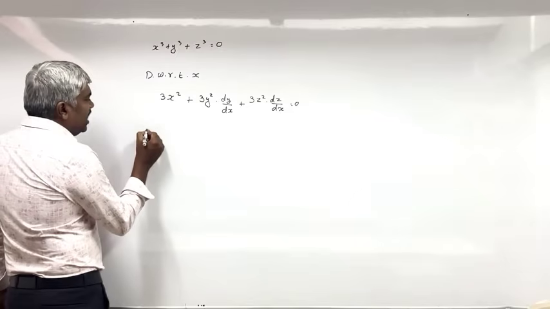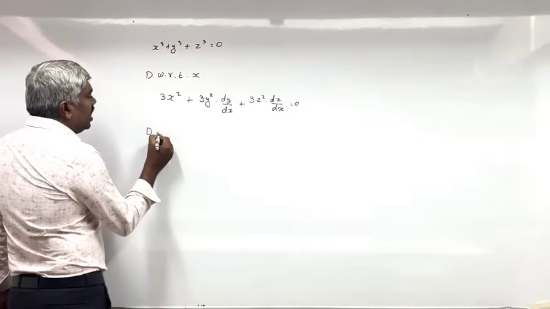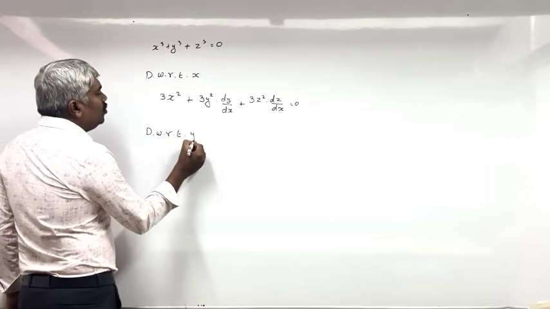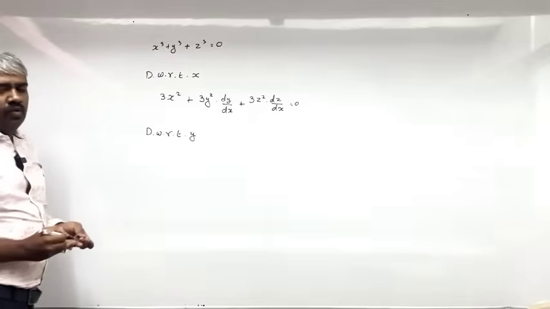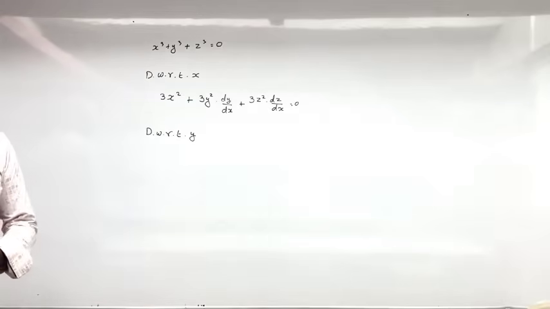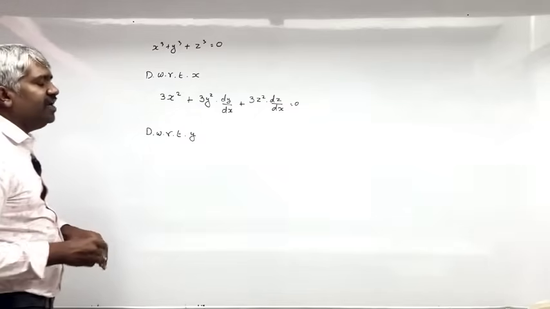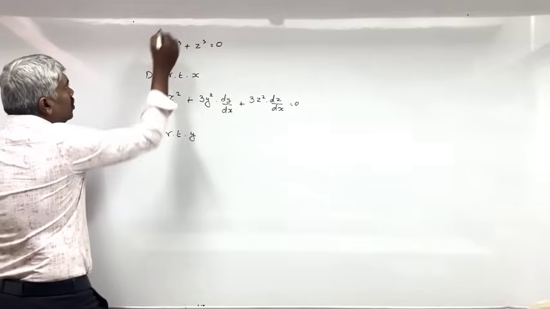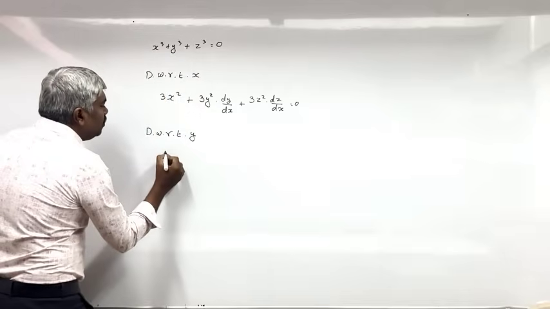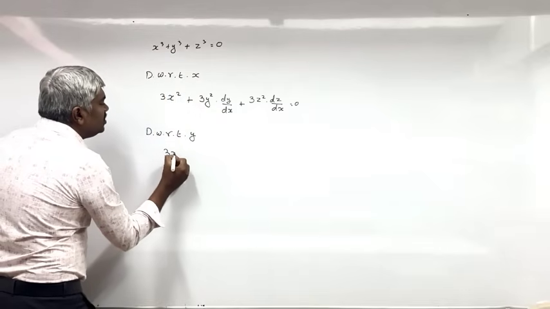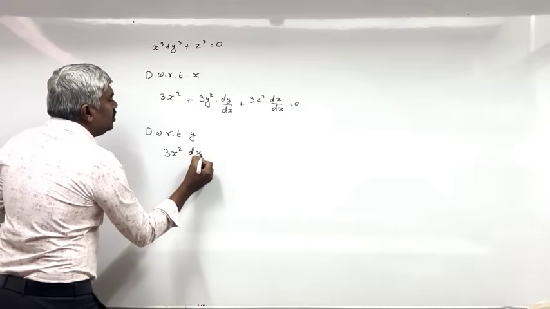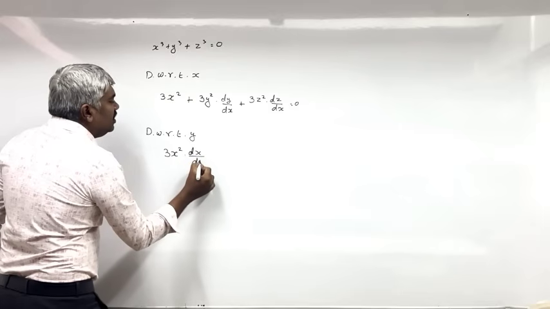Now the same equation I am going to differentiate with respect to y. What do you mean by differentiate with respect to y? In this case, we need to get permission from y. So, differentiate x cube. x cube is 3x square into dx by dy.